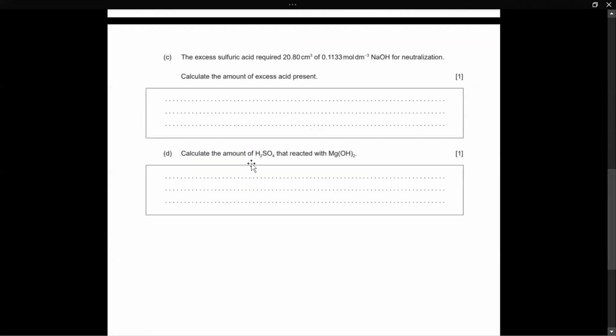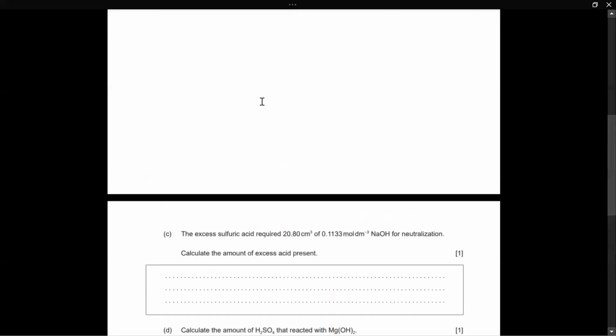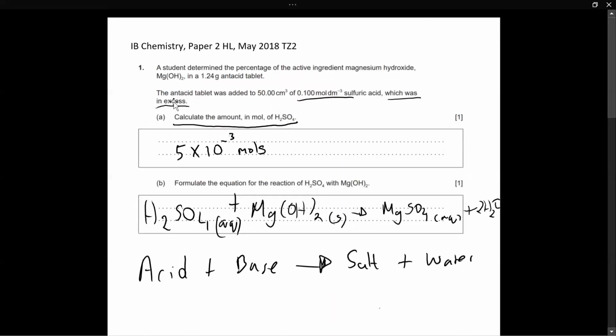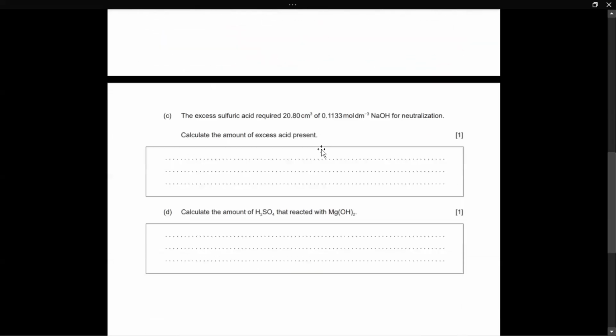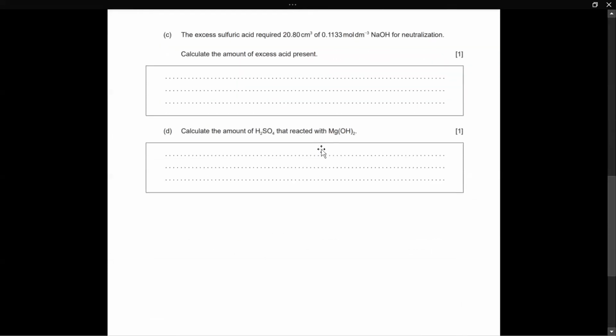Here, it's part C. They've told us the excess sulfuric acid required 20.80 centimeters cubed of 0.113 mole dm^-3 of NaOH for neutralization. So remember, at the start of the question, they told us that the sulfuric acid was in excess. So that would basically mean that once we have completely neutralized all of the magnesium hydroxide, we would still have some additional sulfuric acid left over.